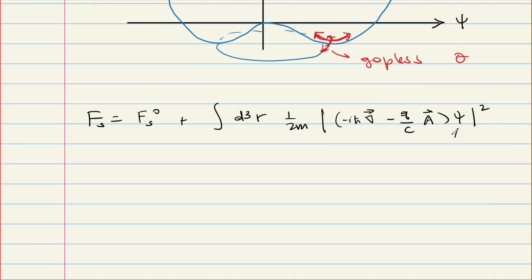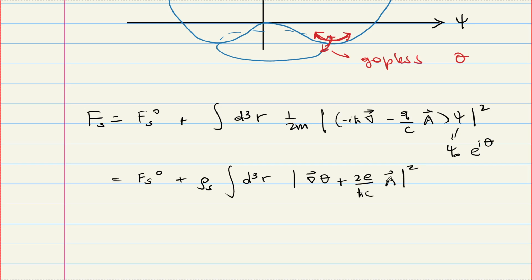Right, now we put some constant times e to the i theta here, and this is going to turn immediately into F_s0 plus, let me use the notation in the textbook, some constant rho_s integral d cubed r times (gradient of theta plus 2e over h bar c A) squared.